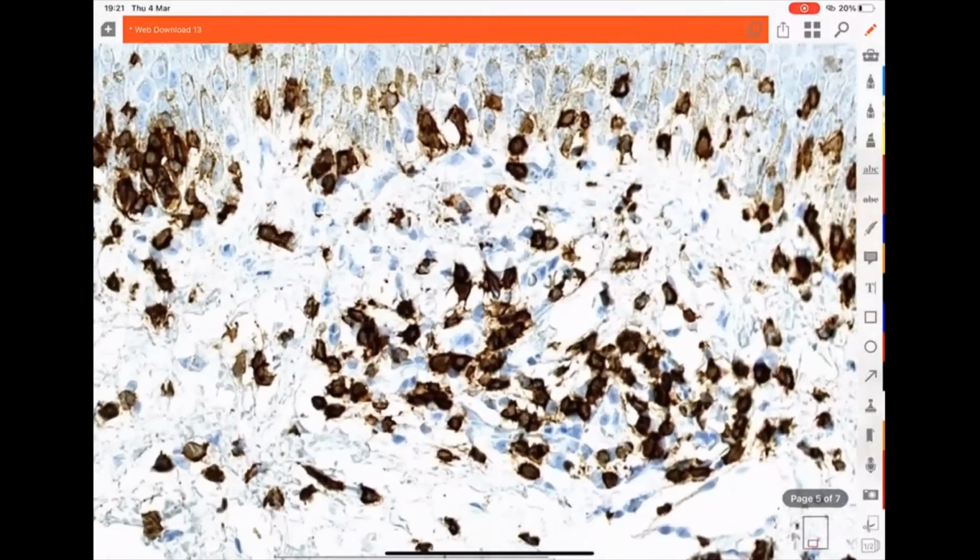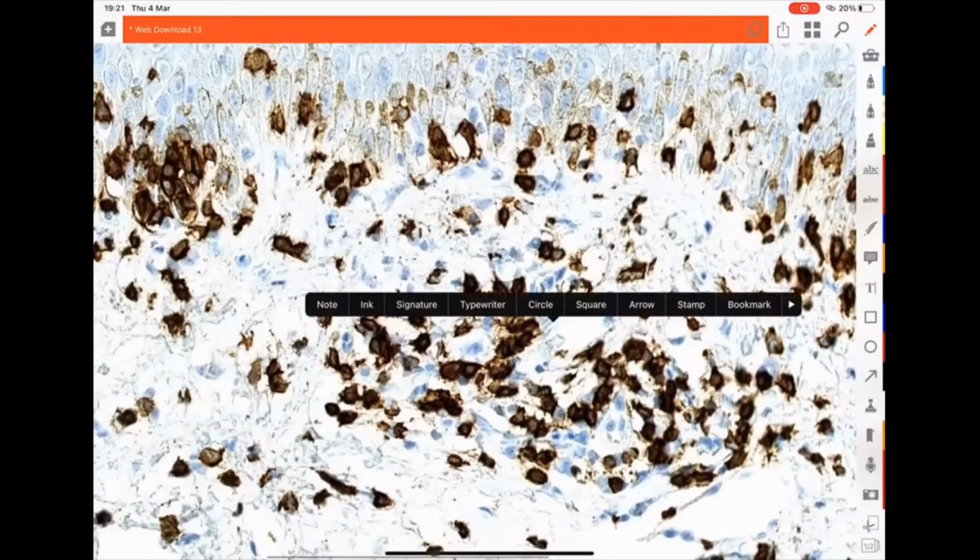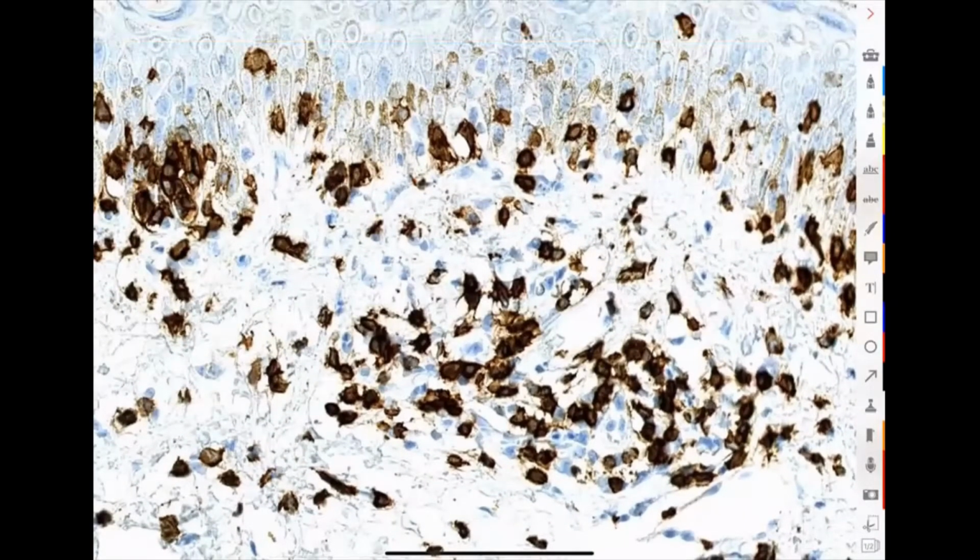So what I'm trying to tell you here, right? Especially for the people who don't really see routine mycosis fungoides. Yes, so you see, now people are doubting themselves, isn't it? Because the immunohistochemistry for mycosis fungoides can be very tricky and can be really, really difficult. We agree?